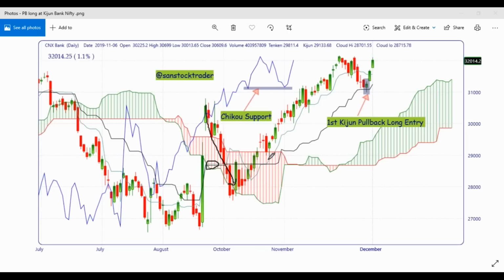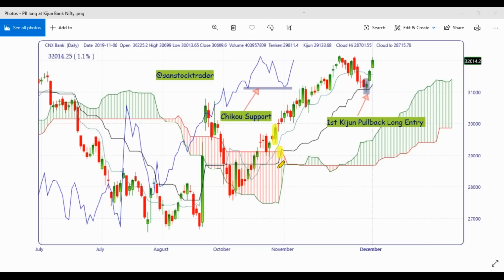Price did not move up and corrected sharply. This was the candle when price closed above the cloud, as well as the Kijun-sen also crossed the cloud. So here our first condition gets satisfied.